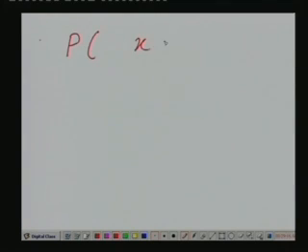Next, given two such numbers x1 and x2, what is the probability of this?